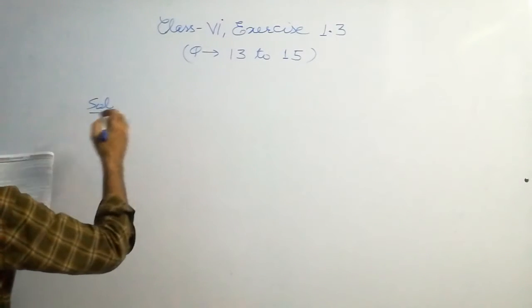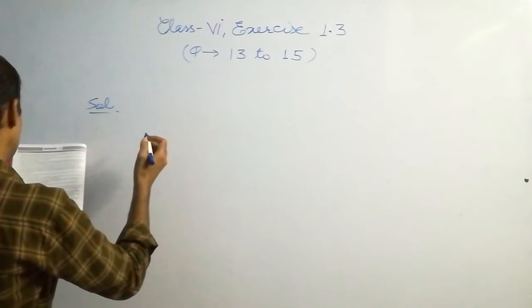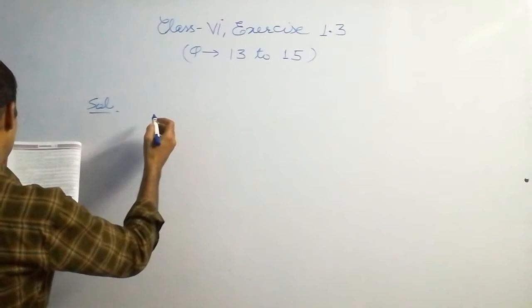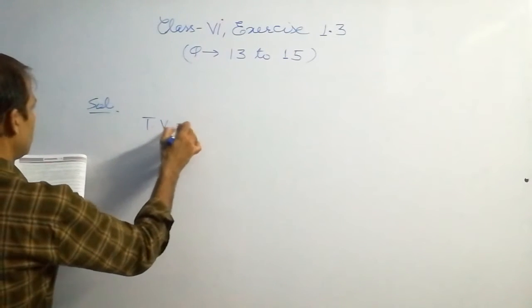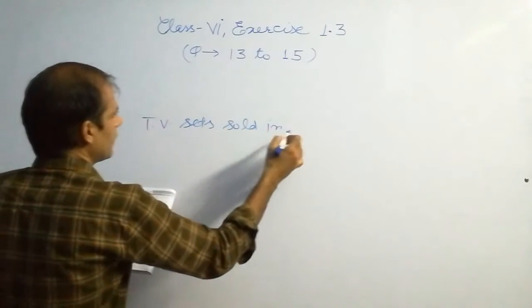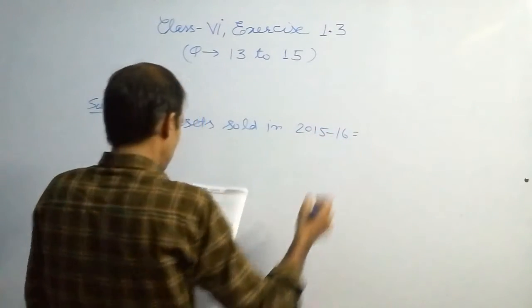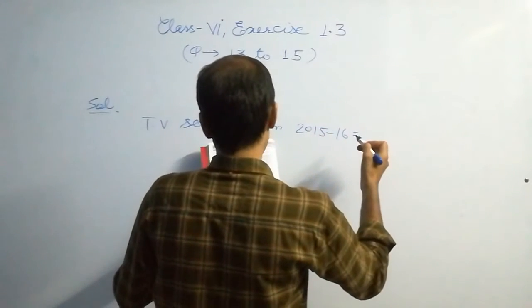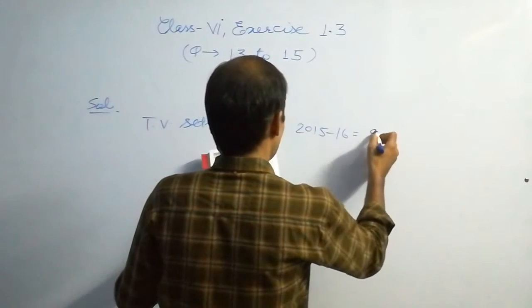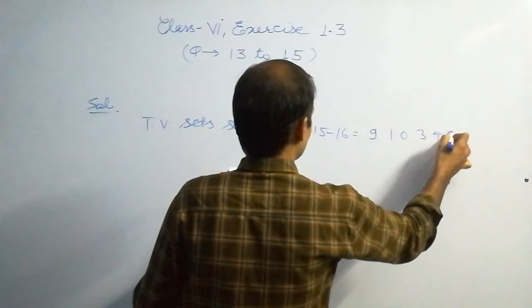Focus at the board. It is given that TV sets sold in 2015-16 equals 910,345.